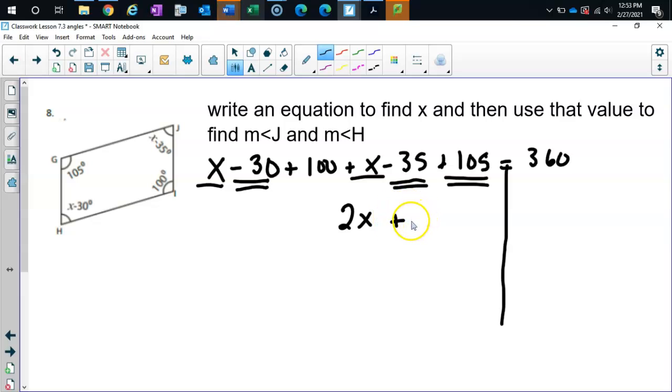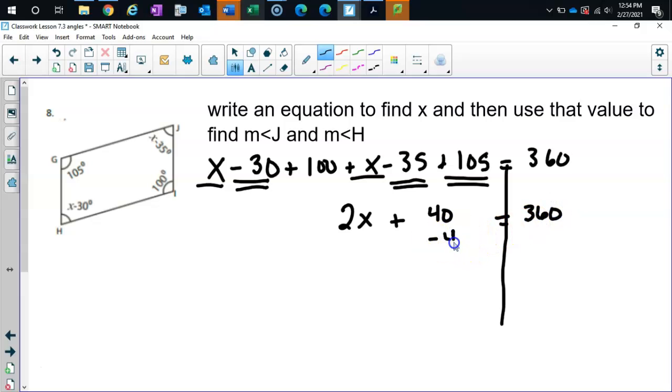And when you do that, you will get positive 40 equals 360. How do I solve this?